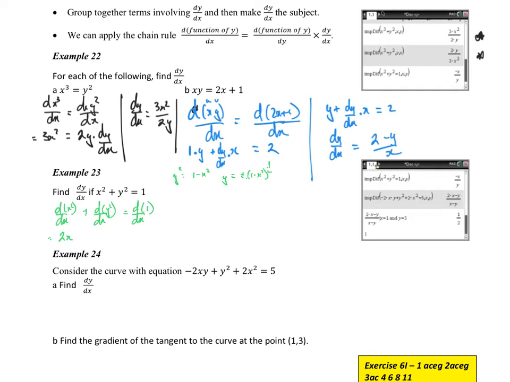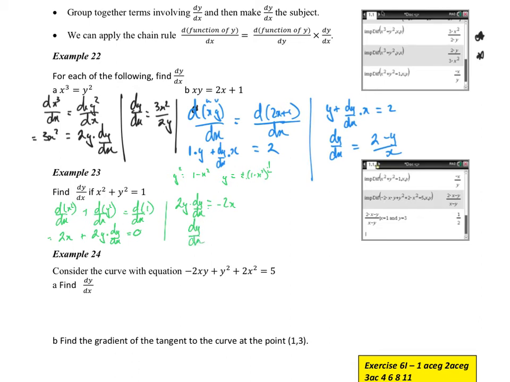The derivative of y squared is d y squared dy, so the derivative of the function with respect to y, which is just 2y, times dy dx. And the derivative of 1 with respect to x is 0. So that means we'll have 2y dy dx is equal to negative 2x.